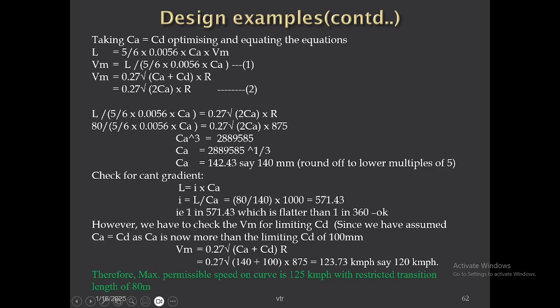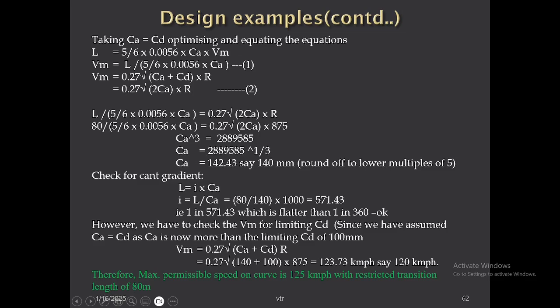So how much for 1 meter? Converting 80 meter into mm, 80 into 1000 mm divided by 140, this will be your gradient. Here we got 571.43, but we can permit up to 1 in 360, so it's okay, it is flatter than 1 in 360. So this satisfies the cant gradient equation also.